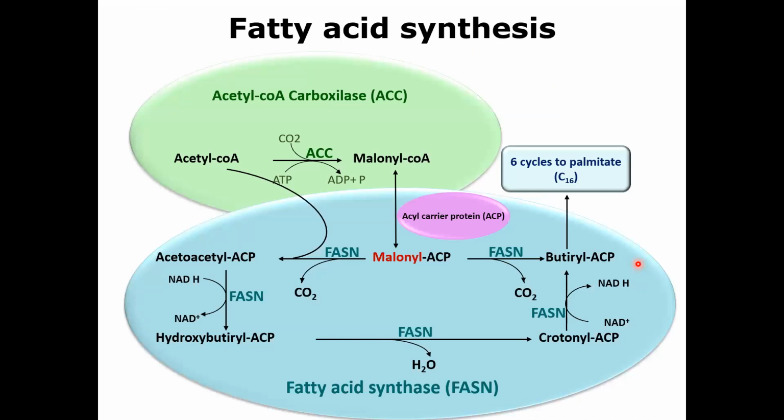And now we need to look at how fatty acid synthase works. It's a huge enzyme that produces palmitate from malonate. And all the stages of this synthesis from 4 carbons to 16 carbons are made by a single enzyme. And this enzyme is fueled by acetyl-CoA carboxylase that produces malonyl-CoA from acetyl-CoA.